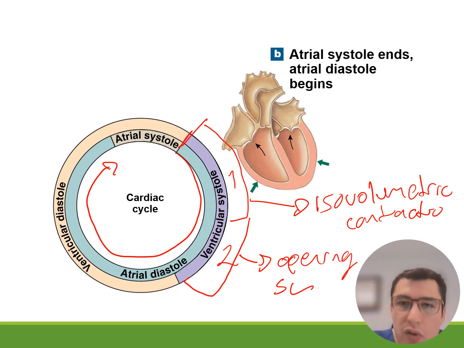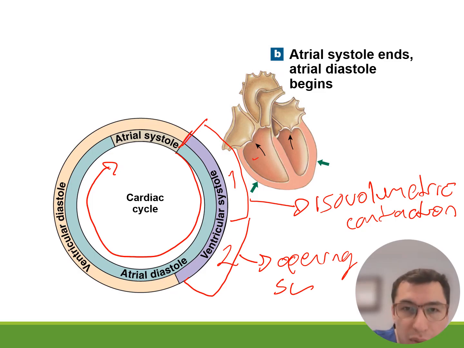So what is isovolumetric contraction? Isovolumetric means there is no change in volume, so there is contraction without a change in volume. As we start early into the contraction of these ventricles, there won't be volume changes. That means no volume is leaving or entering the chamber, and when we talk about volume, we're talking about blood.